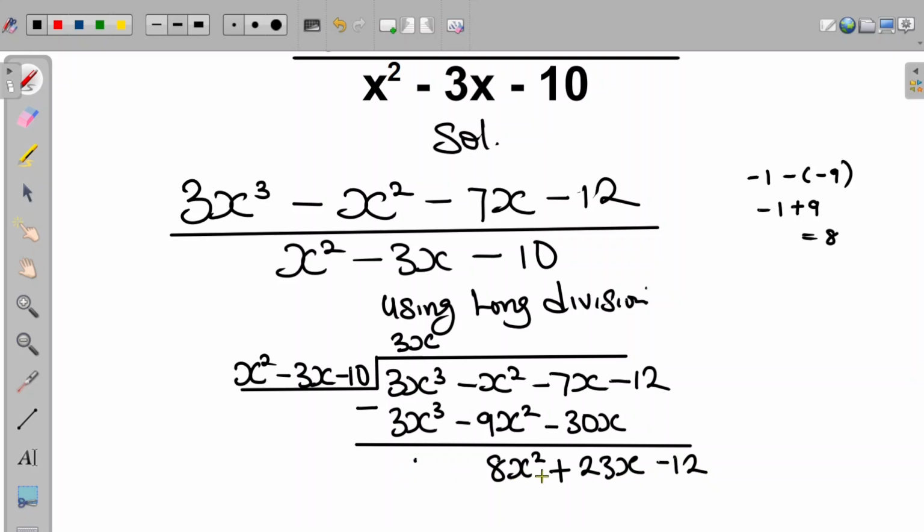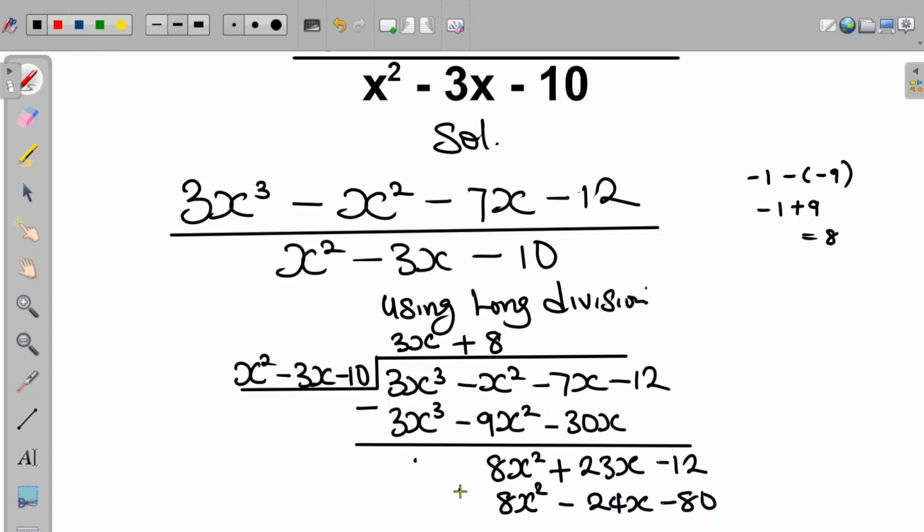Again, 8x^2 divided by x^2 gives 8. So 8 times x^2 is 8x^2. 8 times -3x is -24x. And 8 times -10 is -80.